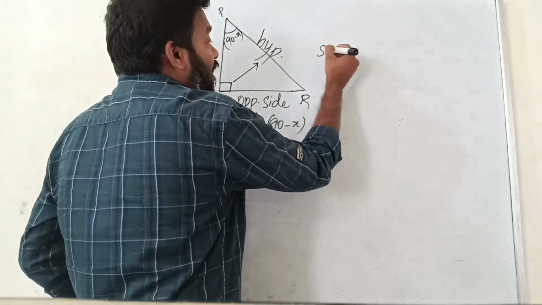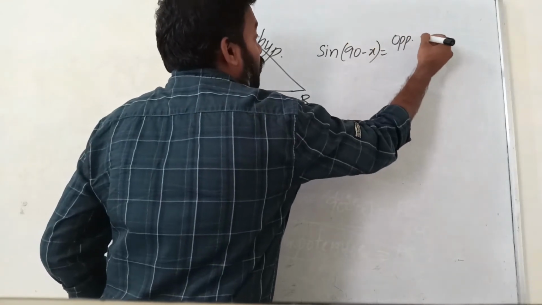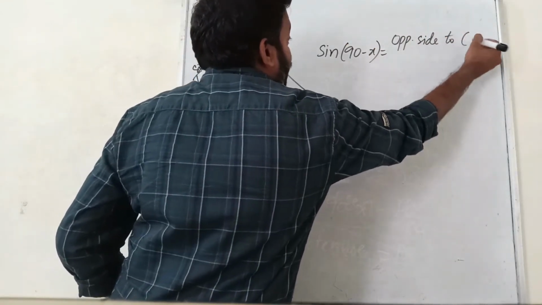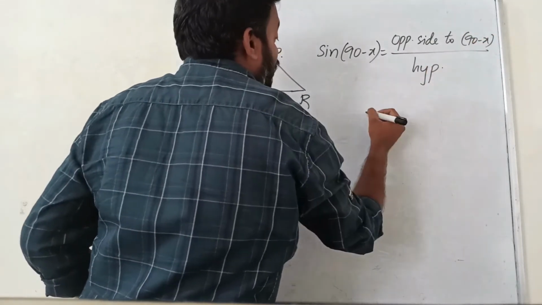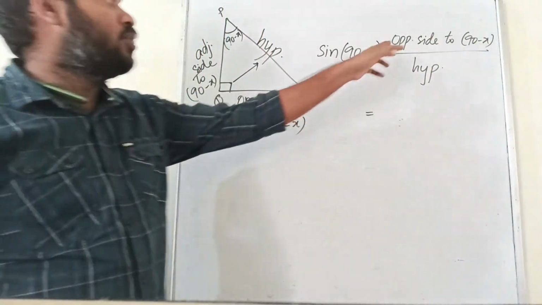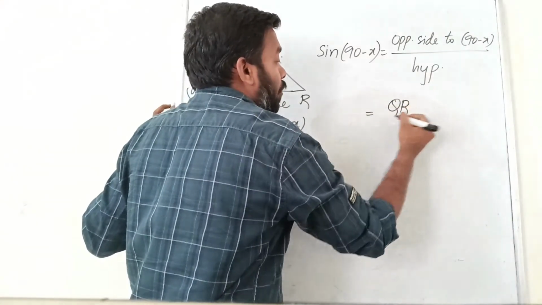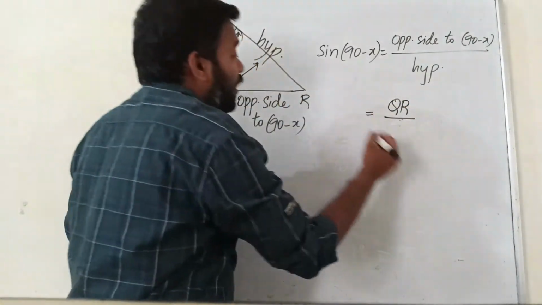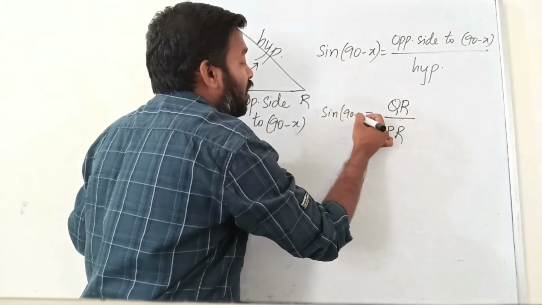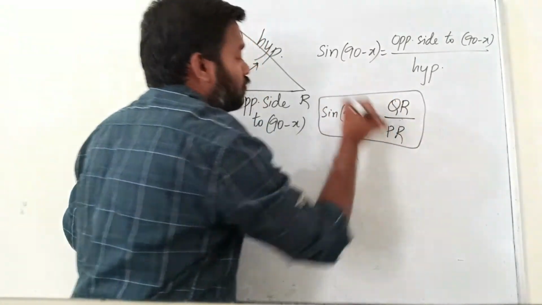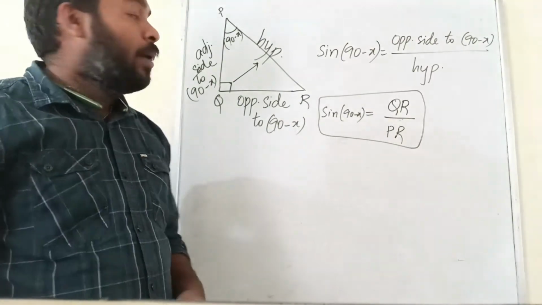So sine 90 minus x will be the opposite side to the angle 90 minus x by the hypotenuse. The opposite side to 90 minus x is QR, by the hypotenuse PR. Sine 90 minus x is QR by PR.